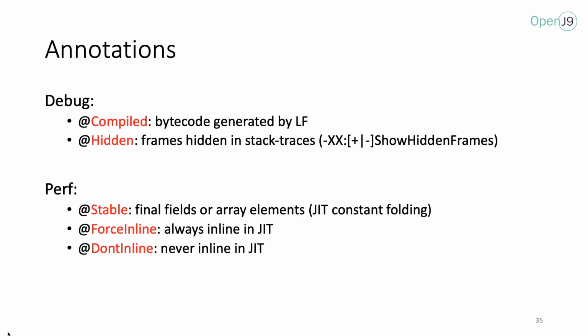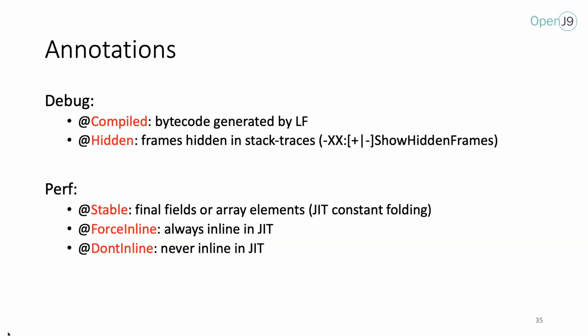So from a diagnostic perspective, the last number of things we need to be aware of are the annotations. Now these annotations are again divided into 2 different kinds, debug and perf. Under debug, there's compiled. The compiled Java annotation is attached to any method which contains bytecodes generated by Lambda form.